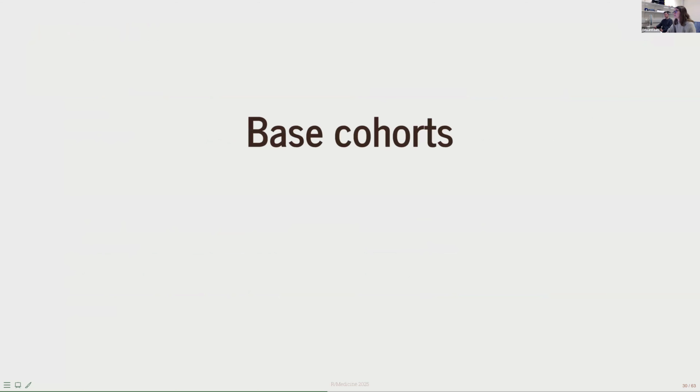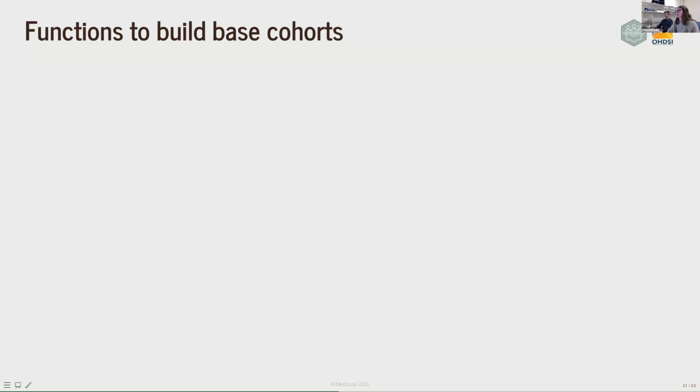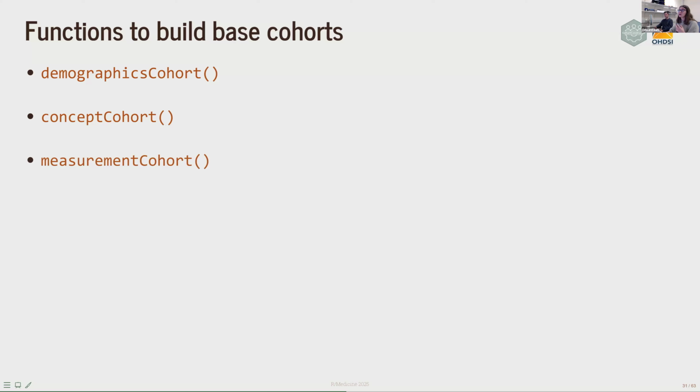And we'll start with the base cohorts, which basically is 4 functions. The demographic cohorts, which is to create base cohorts based on demographics. Then we have concept cohort and measurement cohort, which are functions to create cohorts based on pure code lists. So for concept cohort, you will introduce a code list and you will create a cohort based on the occurrences of those codes.